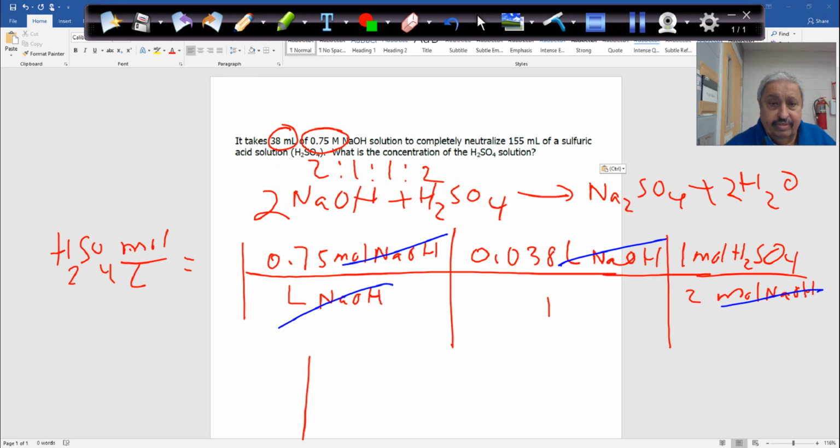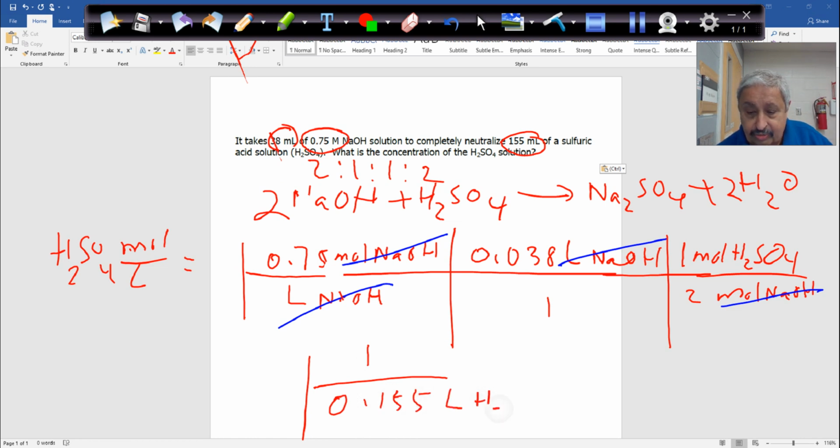Liters of H2SO4 is this one here, and it is at the bottom, mole per liter, correct? Okay, here it is. 1 over 0.155 liter H2SO4.